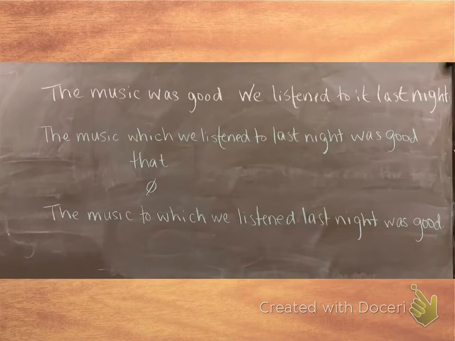If we have a look at a similar sentence, this time we're using a thing instead of a person. The rules are exactly the same, only instead of whom, we have the word which. Okay, so the music was good. We listened to it last night.